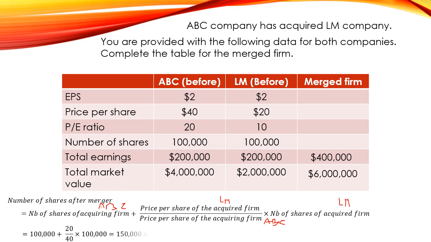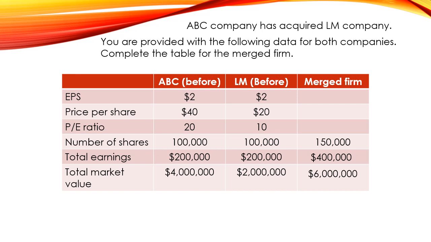So in this case, it's equal to the 100,000 shares of ABC plus the price per share of LM, 20, divided by the 40 of ABC, times the 100,000 shares of LM. In this case, the number of shares after merger is equal to 150,000 shares.